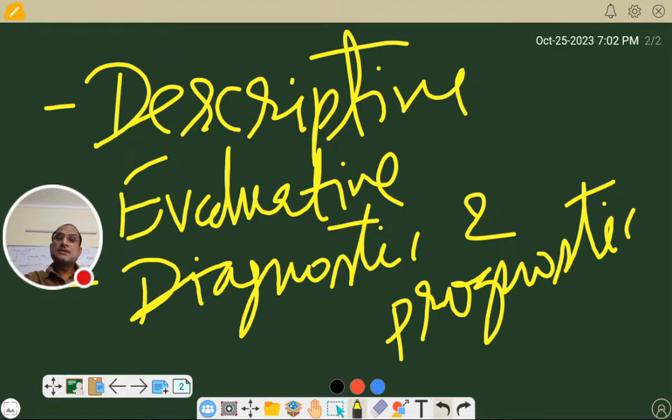Earlier, in the old pattern, when 60 markers used to be there, there used to be questions on descriptive research itself, where you are supposed to give the definition, examples, limitations, disadvantages, advantages, each and everything about descriptive research.